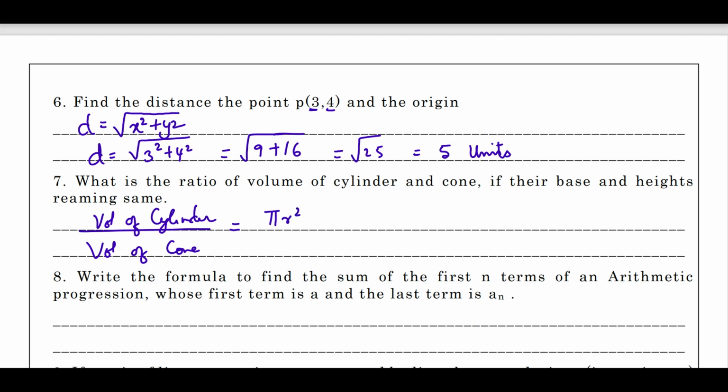Pi r square h. The same way, what is volume of cone? 1 by 3 pi r square h. Now pi r square h will cancel because they have same base and height. What I get? 1 divided by 1 by 3, which can be written as 1 by 1 into 3 by 1, which is equal to 3 by 1. Therefore the ratio is 3:1.